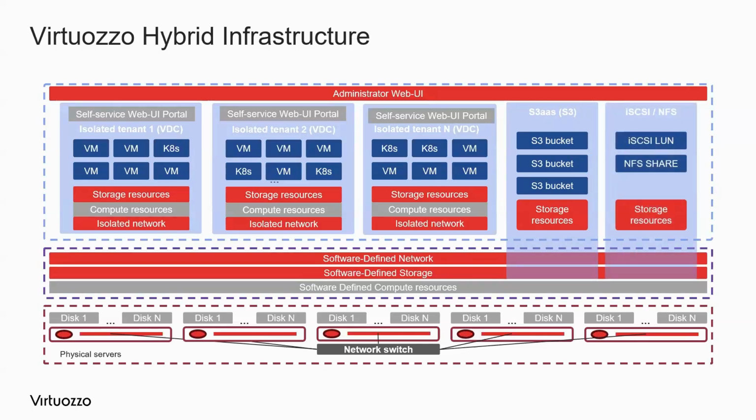And what I have said up to now is basically how we are working in our native configuration, which is with the disks inside the server, hyperconverged mode. But we do support external storage as well.